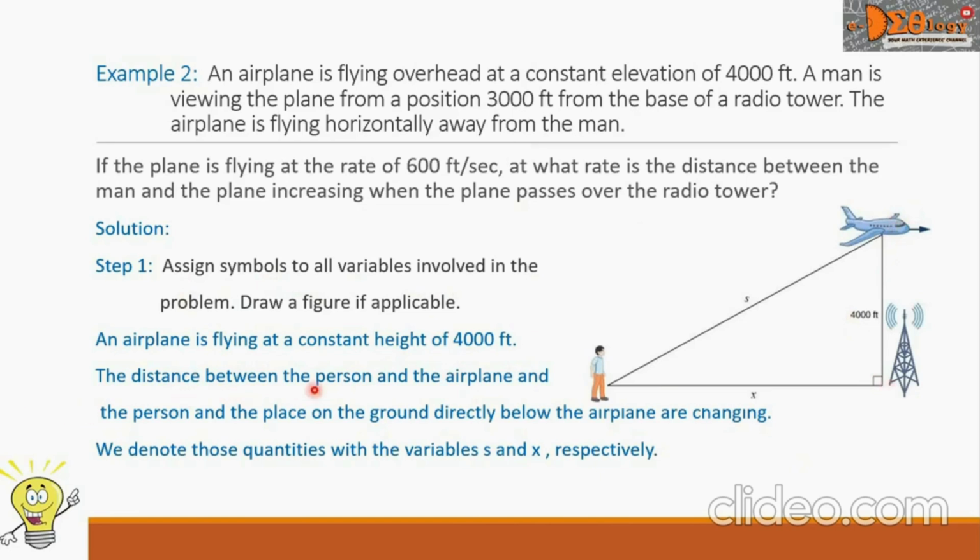The distance between the person and the airplane, and the person and the place on the ground directly below the airplane are changing. We denote those quantities with the variables s and x respectively.